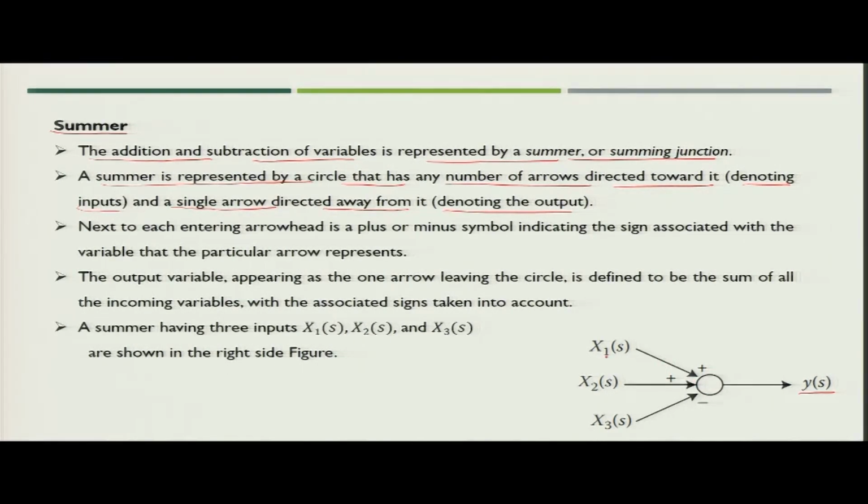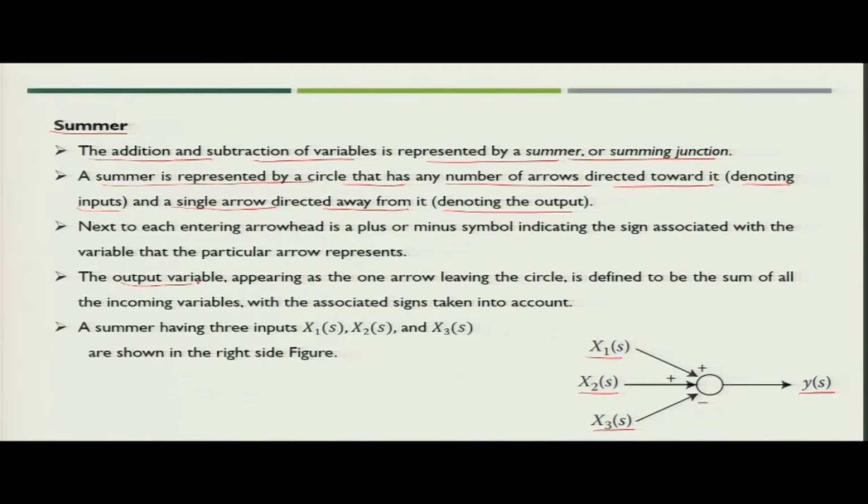So, here the inputs are x1, x2 and x3, and on each and every arrow you will see a plus or minus sign, which indicates whether you want to sum up or subtract the signal. So, if you see this particular figure, you have two inputs as a summation and one as a subtraction. So, Y(s) would be nothing but X1(s) plus X2(s) minus X3(s).